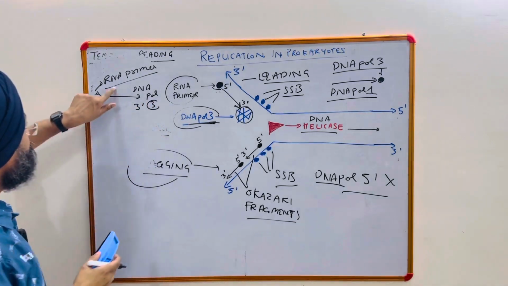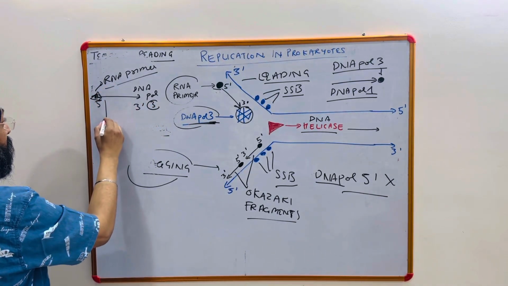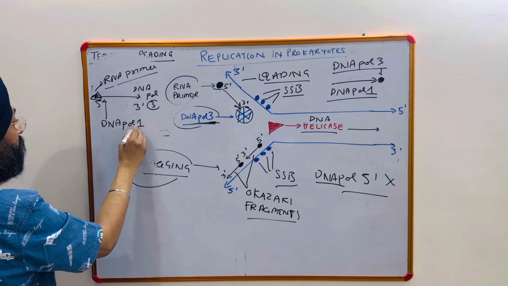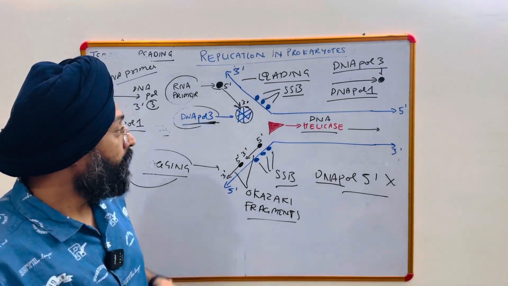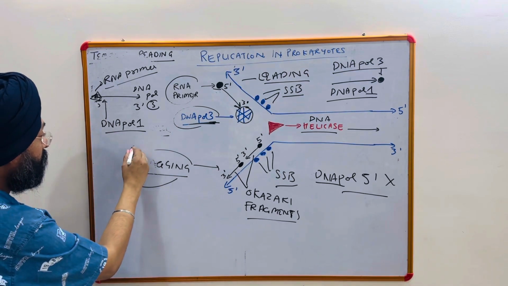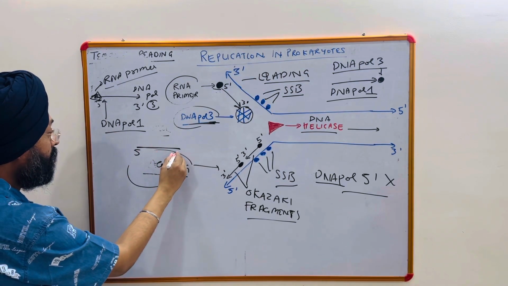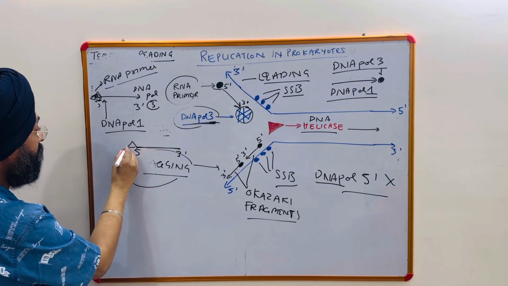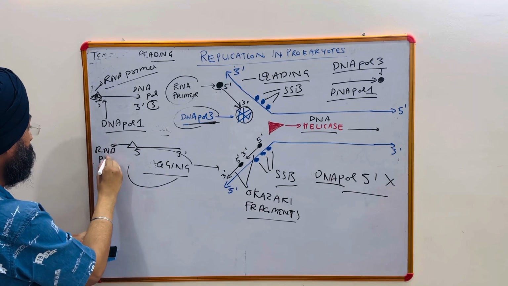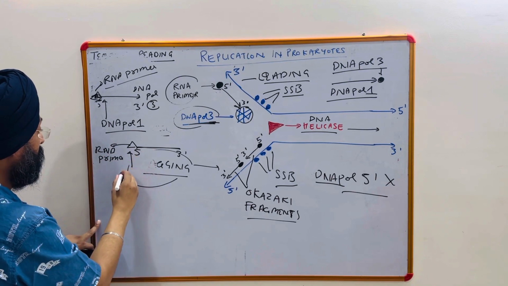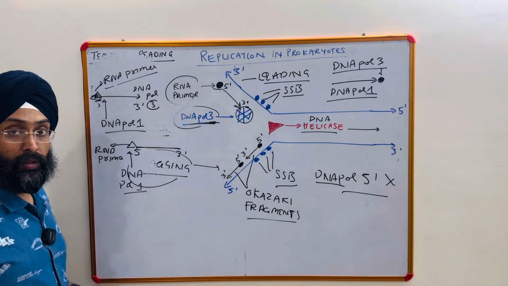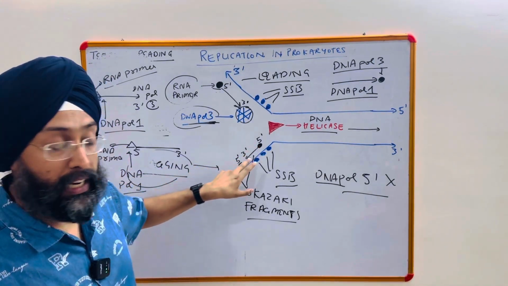When DNA polymerase 1 comes into action, the RNA primer gets removed, right? So this is the 5 prime to 3 prime direction, and from here the RNA primer is removed by DNA polymerase 1, right?